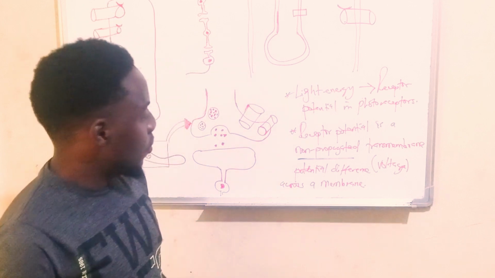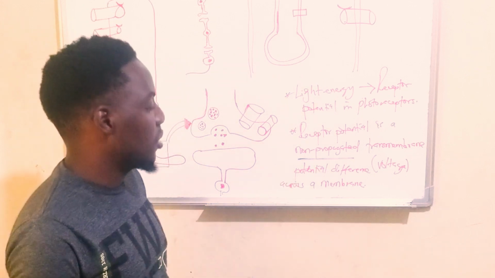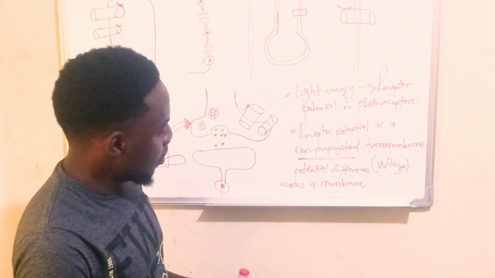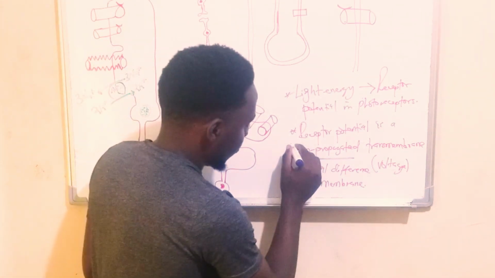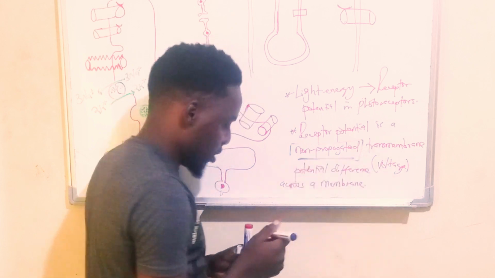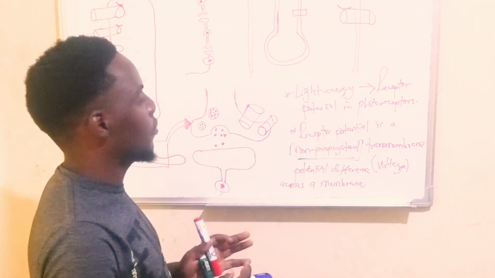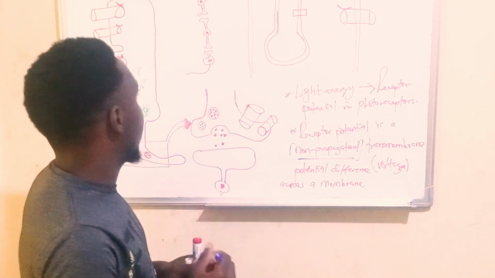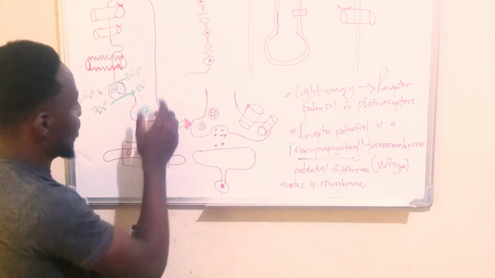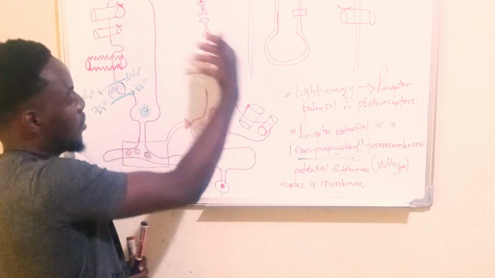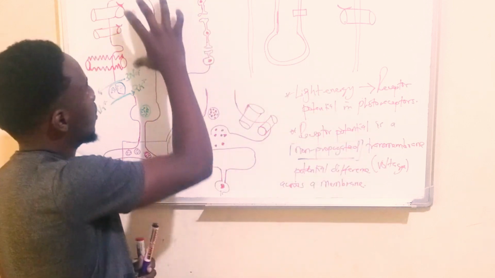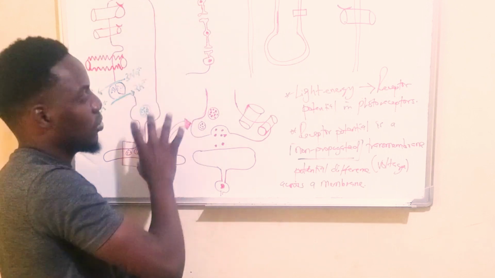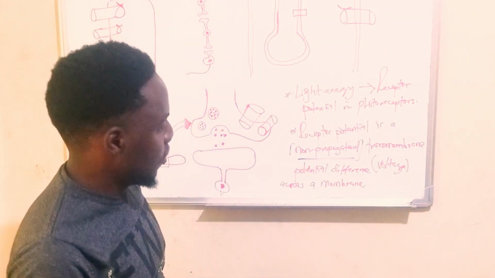Now, what do we mean by non-propagated transmembrane potential? By the word non-propagated, we mean that this receptor potential does not travel from one point of a receptor to another. For example, if this receptor potential is generated in this receptor here, it won't be able to propagate from this receptor into another cell.